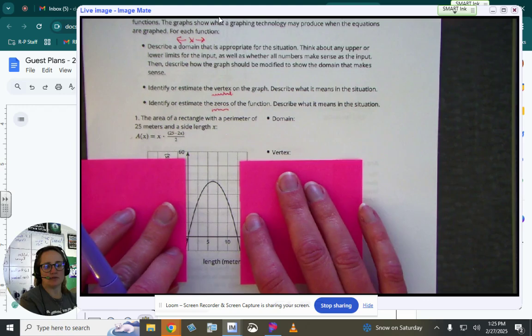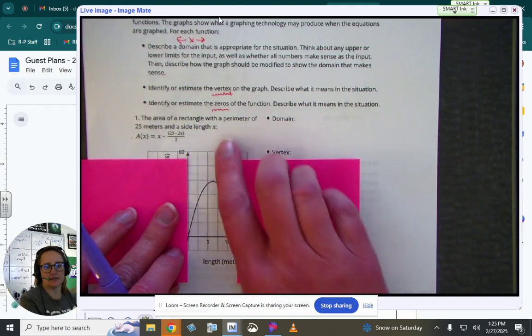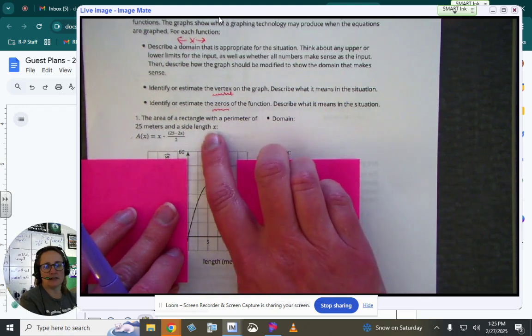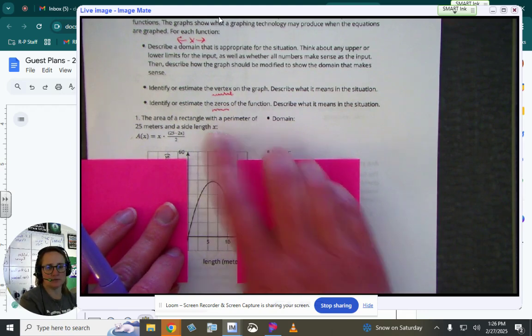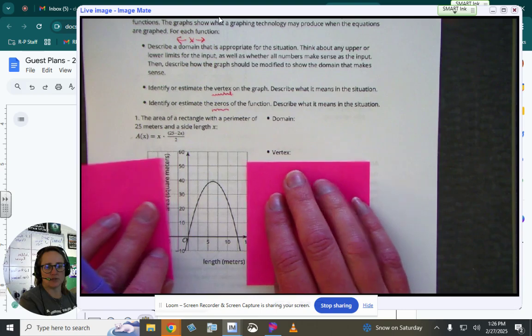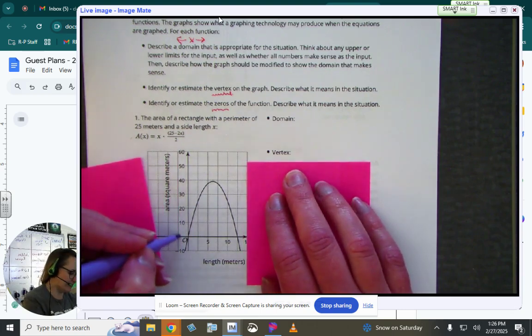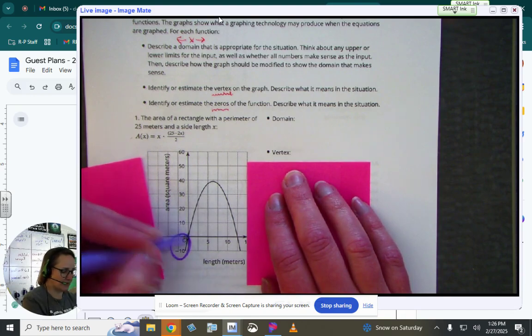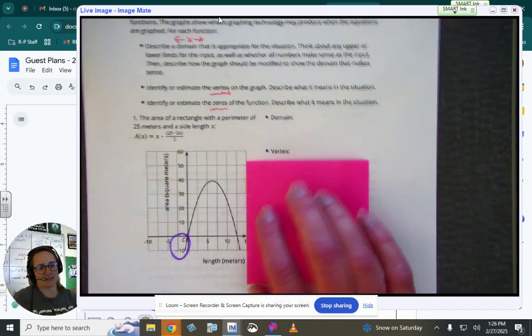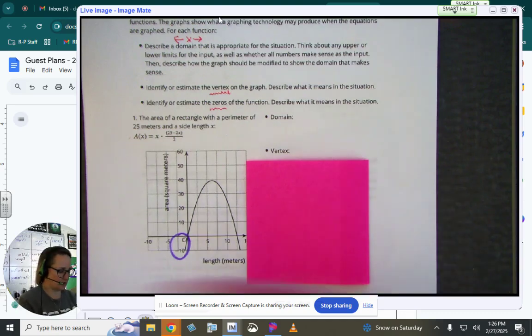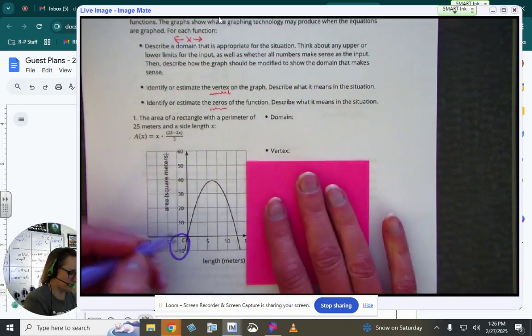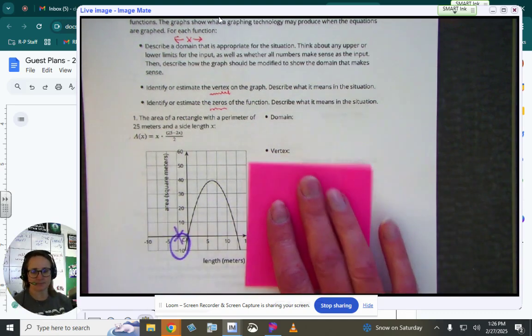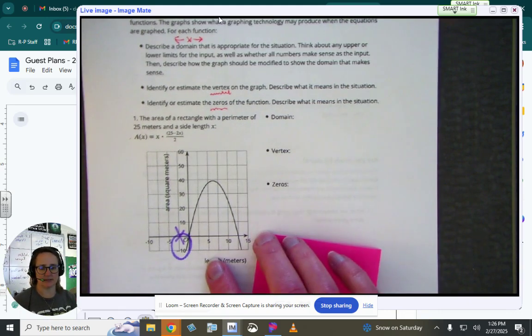So when we think about the vertex in this situation, if the side length of our rectangle, first of all, we can't have a negative length. So everything here doesn't make sense. I can't have a length of a rectangle that's less than 0. So going that way, I would have to stop at 0 because everything over there doesn't make sense.